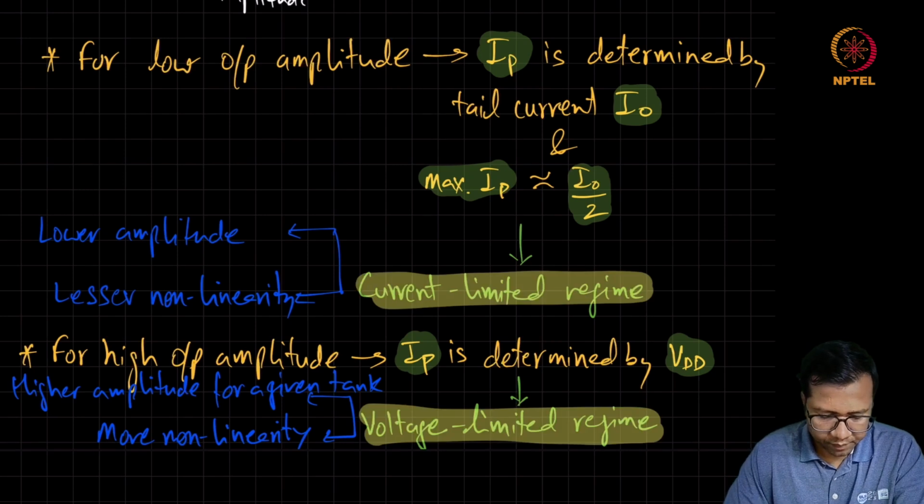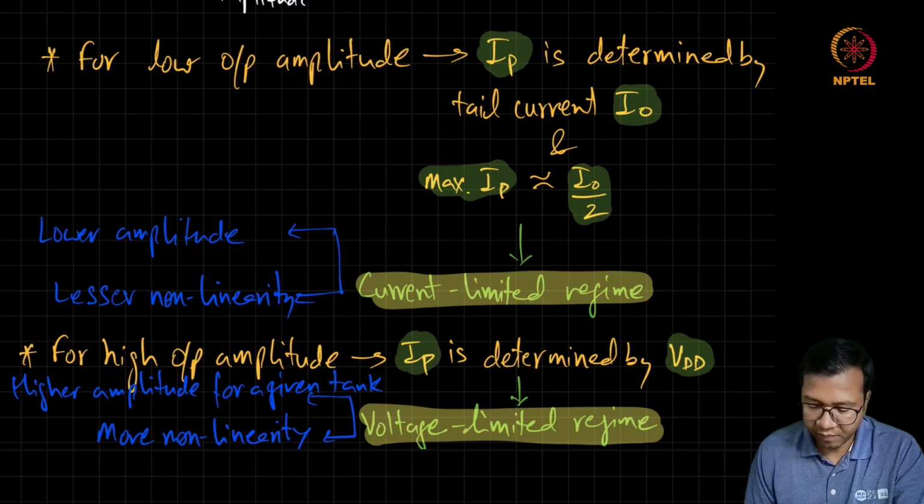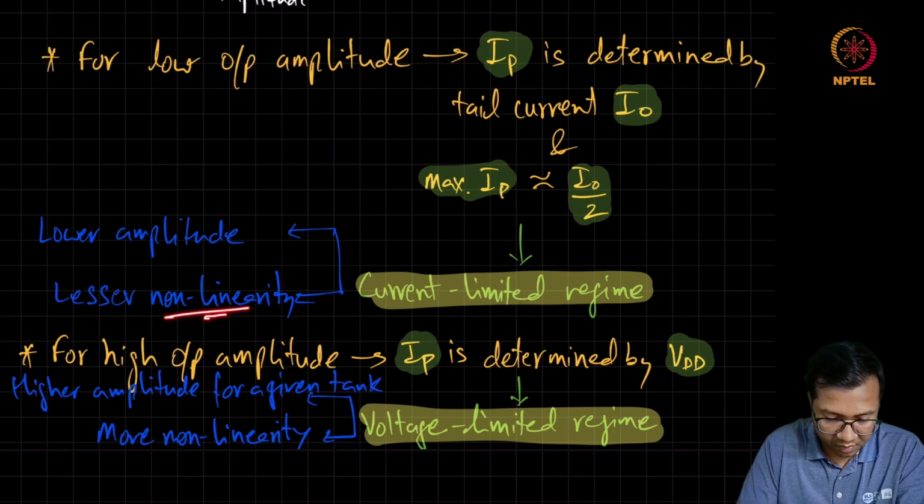Generally, you'll see that when we are biasing the MOSFETs, we bias them at the edge of the current limited and voltage limited regimes so as to get the maximum amplitude without increasing the nonlinearity.